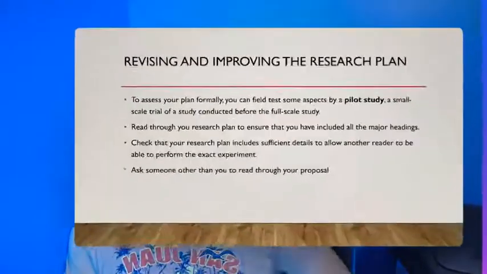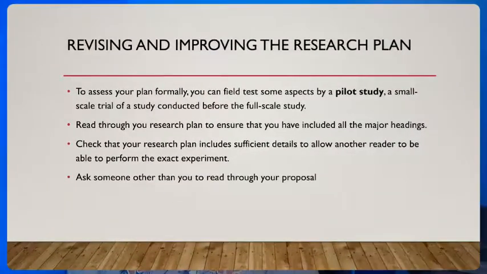All right. Now moving on to revising and improving the research plan. To assess your plan formally, you can field test some aspects with what is called a pilot study, which is a small-scale trial of a study conducted before the full-scale study.